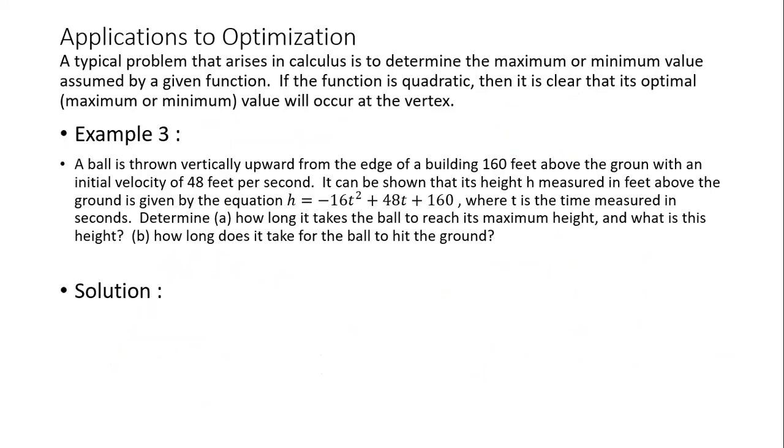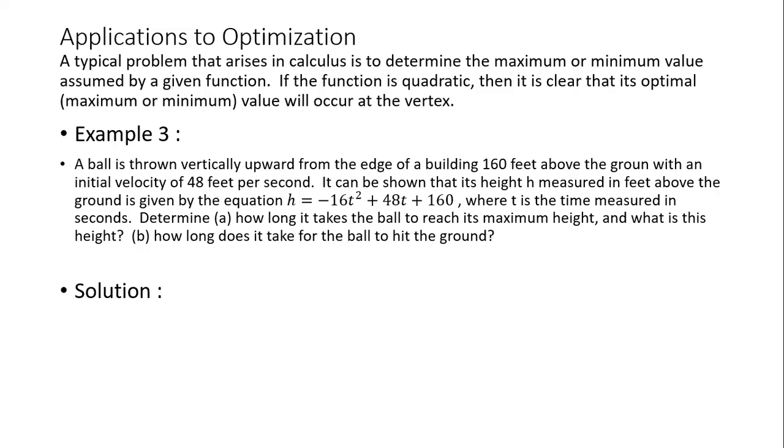Applications to optimization. We use this concept of maximum and minimum with the parabola to optimize functions. A typical problem that arises in calculus is to determine the maximum or minimum value assumed by a given function.